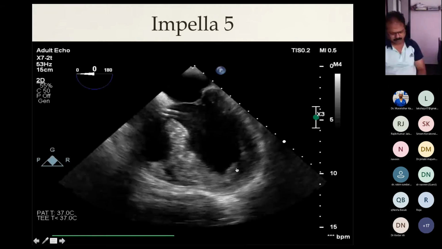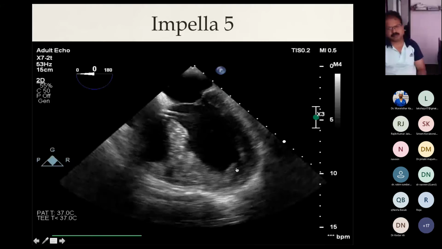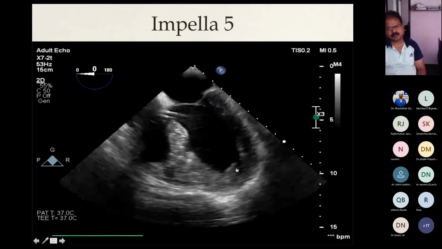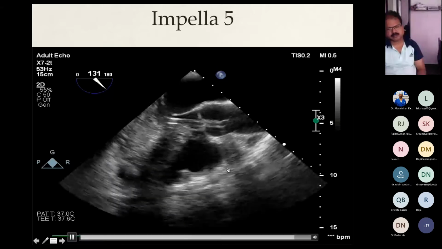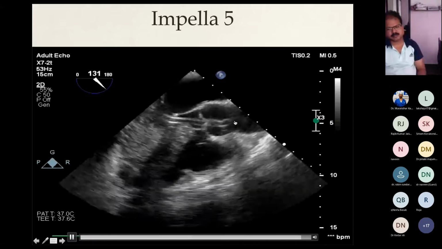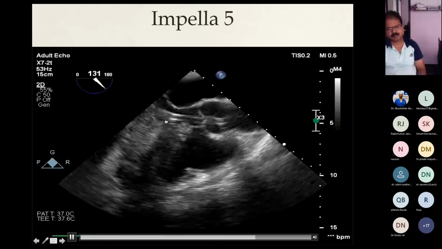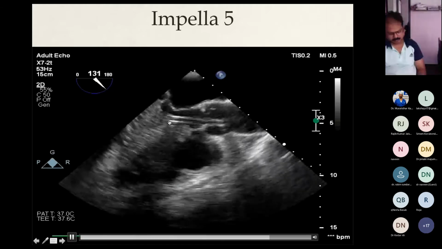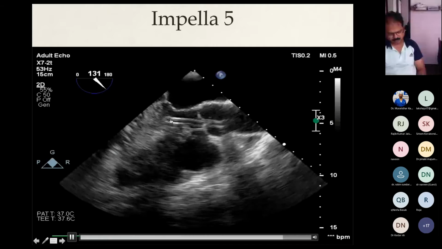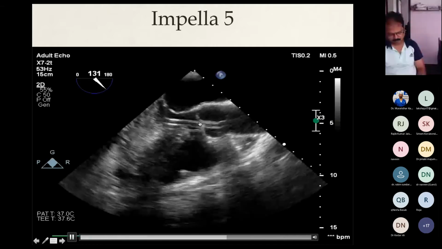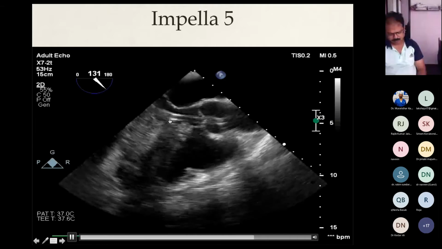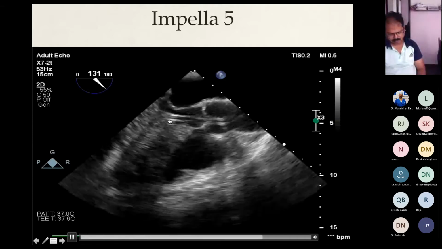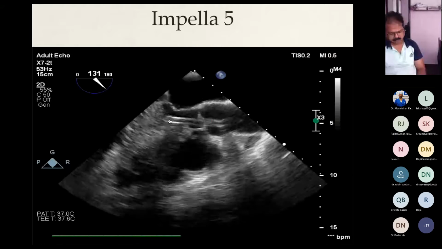Usually it is implanted either through the femoral artery or through the subclavian artery, and it goes from the aorta into the LV. You can see the Impella coming from the aorta into the LV cavity. Echocardiography-wise, you have to make sure the distance from the aortic valve to the Impella inlet should not be more than 3.4 centimeters; it should be between 3 and 3.5 centimeters.